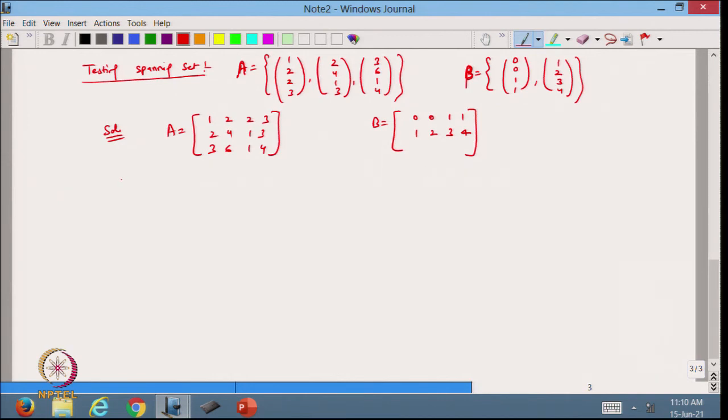Now, this A, I will convert to the echelon form. So, we transform A into row echelon form.